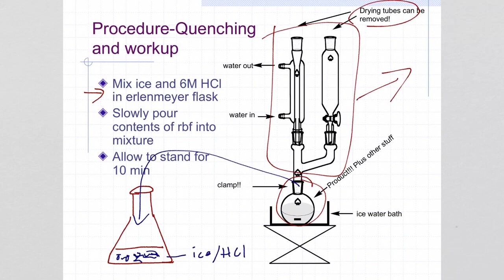That will quench the reaction, and at that point you're going to have a mixture of your alkyl acetophenone and a whole lot of other stuff, so we're going to need to work that up in order to get it away from the water and aluminum salts, chloride ions, and all the other stuff that's in there.